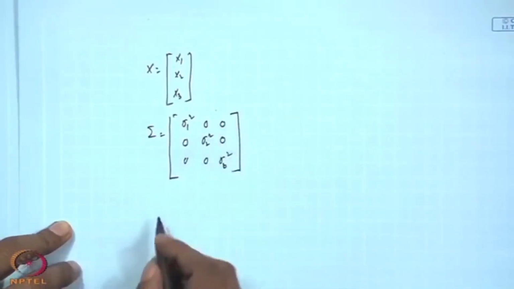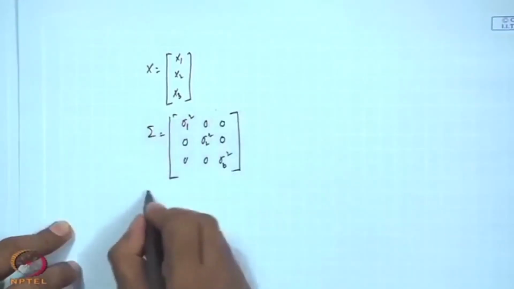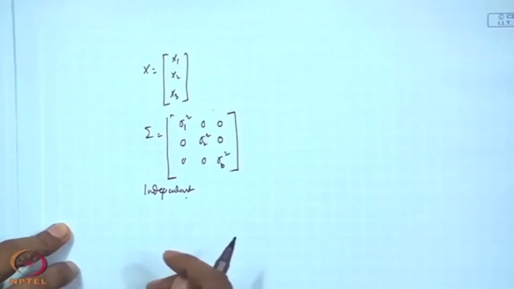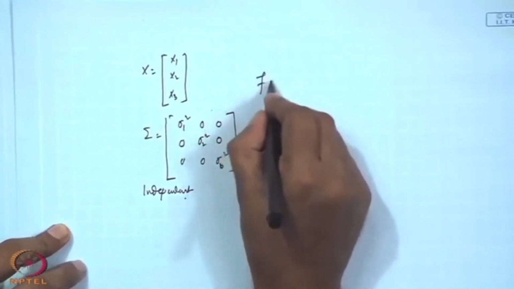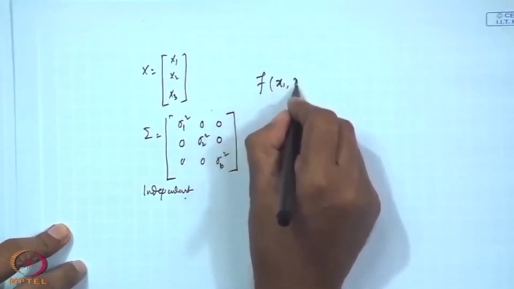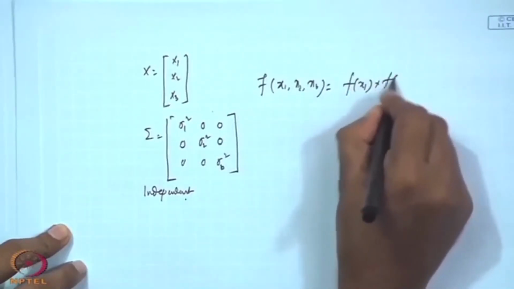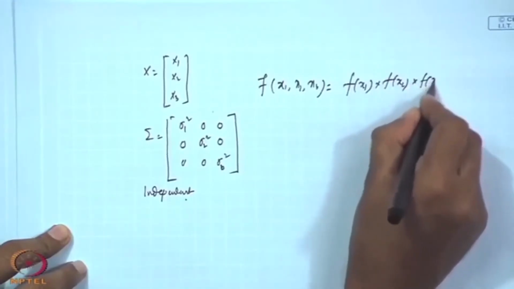What we are assuming is that all the variables are independent. Then what will happen again? f of x1, x2, x3 will be f x1 into f x2 into f x3.